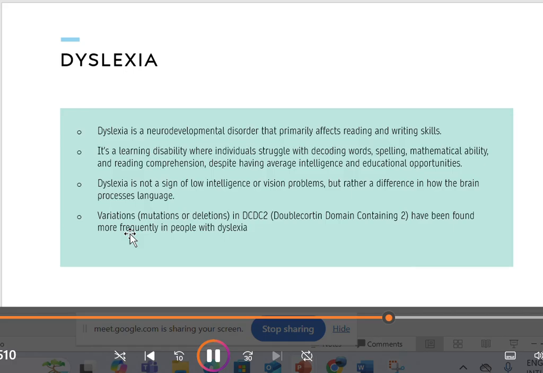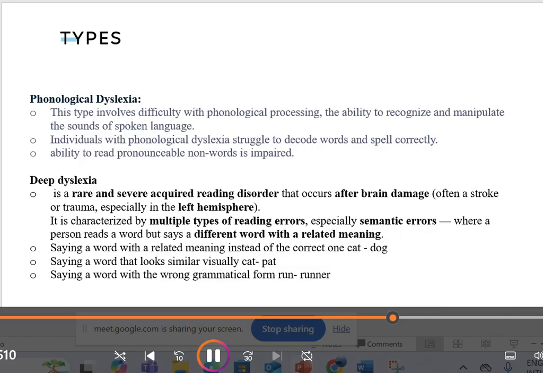Recently it has been experimentally proved to an extent that there is a particular gene associated with dyslexia, termed DCDC2, that is doublecortin domain containing 2. Not recently asked, but just for information.